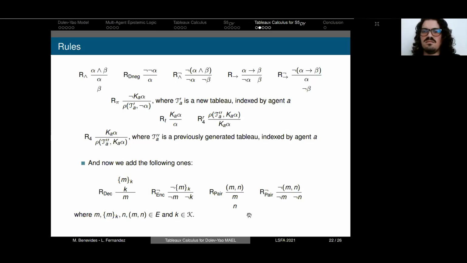The rule for pair looks like the rule N: the pair MN results in M and N, and not pair is also similar to not N: if we don't have the pair MN, or M is false or N is false.